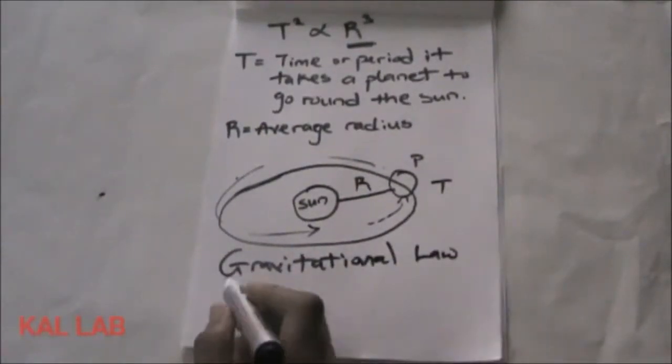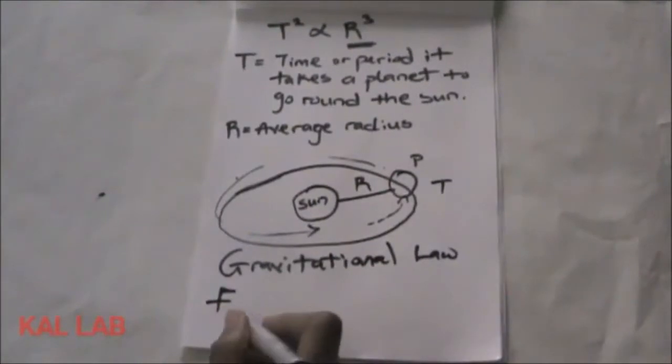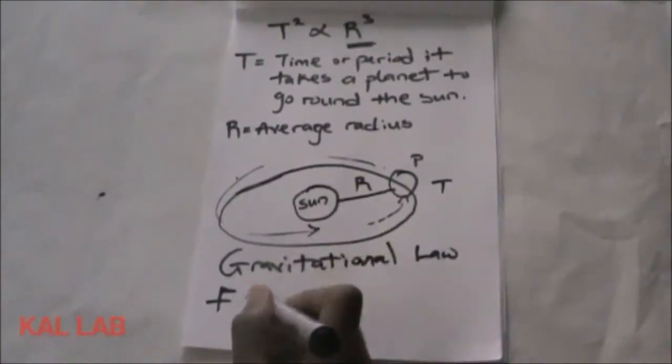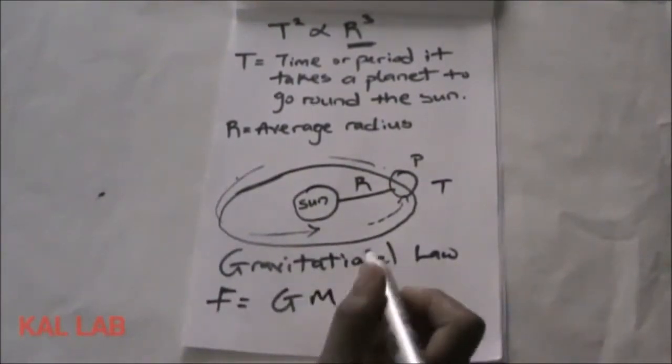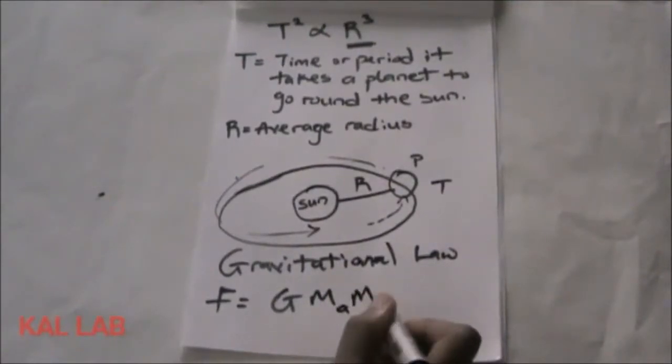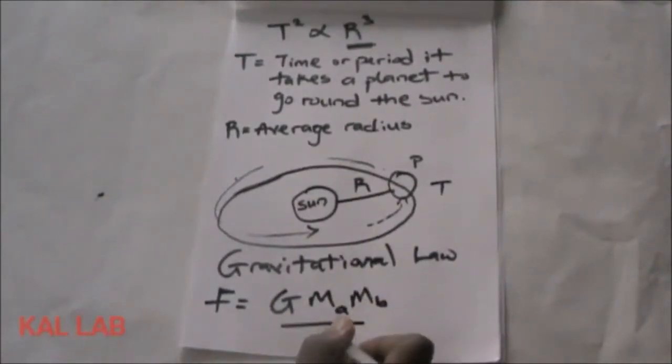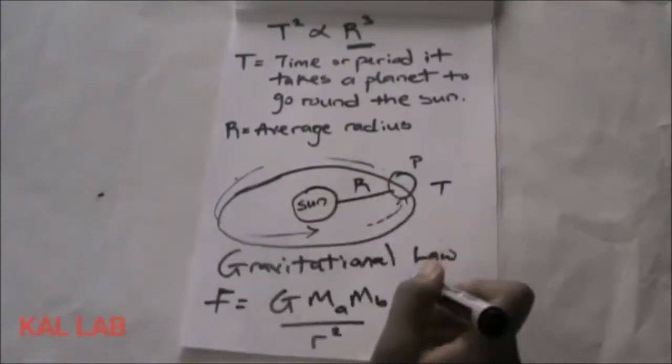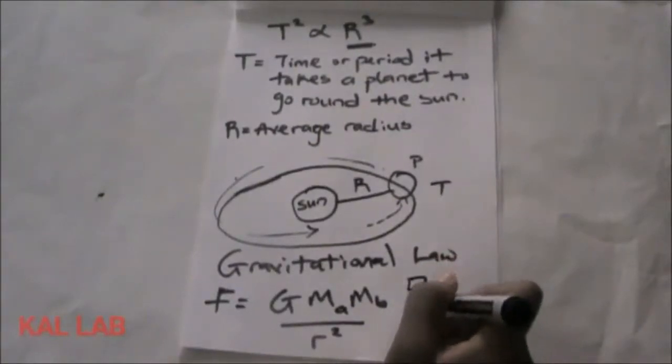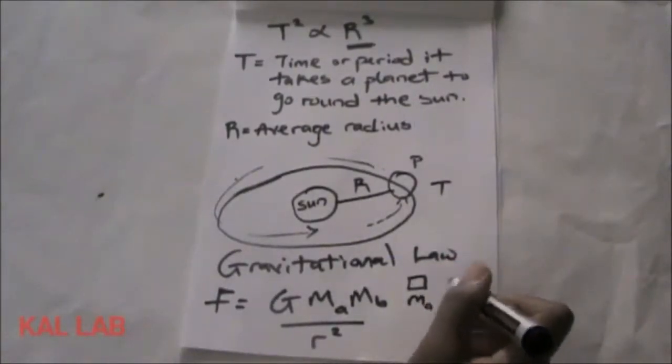And the gravitational law says the force of gravity between two bodies is the gravitational constant and the masses of the two bodies divided by the square of the distance between them.